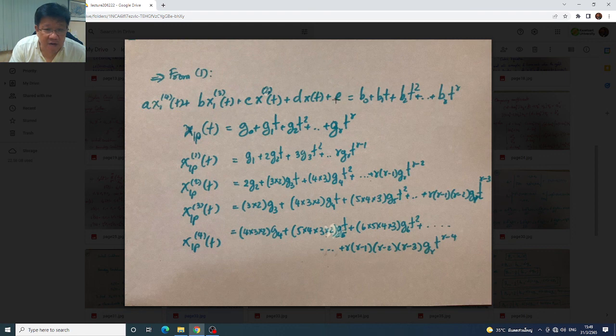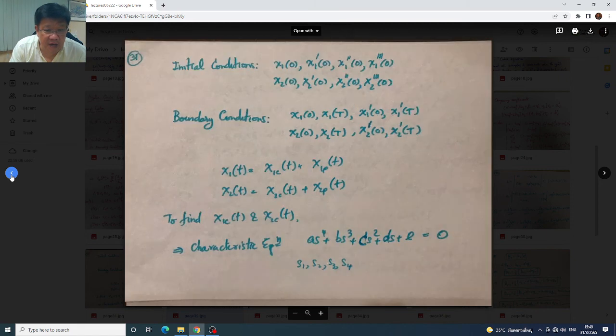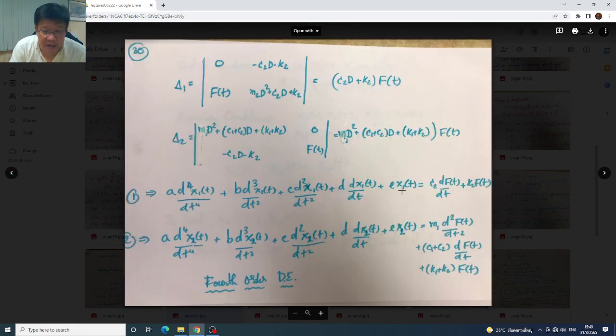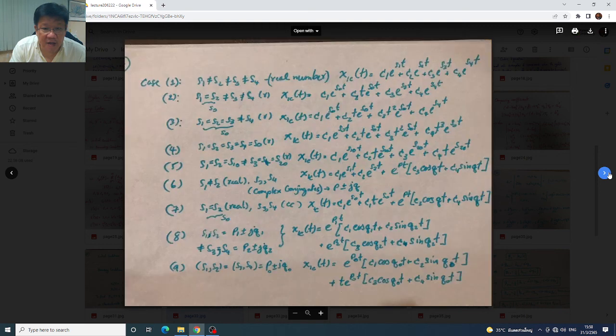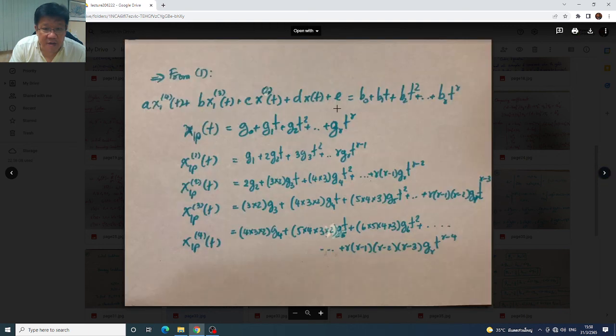I forgot, there is a mistake here. It should not be e. If you consider here, it should be e times x sub 1 of t. Okay, d, and this is d. So this should have e times x of t, and this one should be x sub 1, the first order.